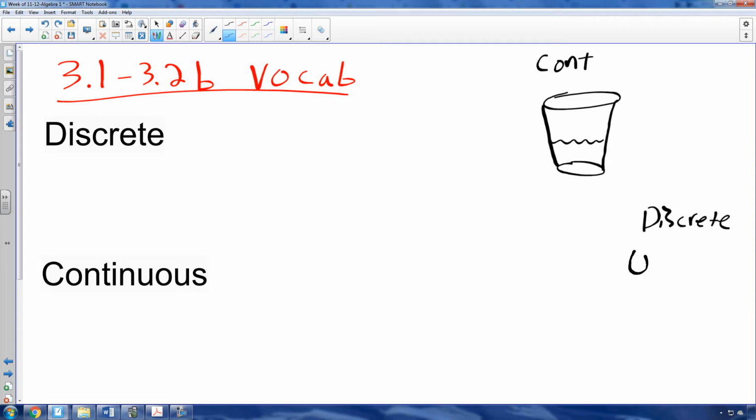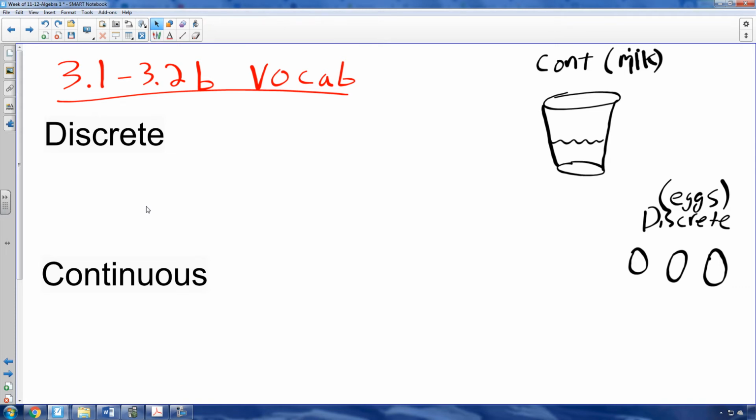So we have an egg, have another egg. Eggs are discrete and milk is continuous. Does that make sense? I can't get it, you know what it says. It says milk. Okay. So eggs are discrete and milk is continuous.